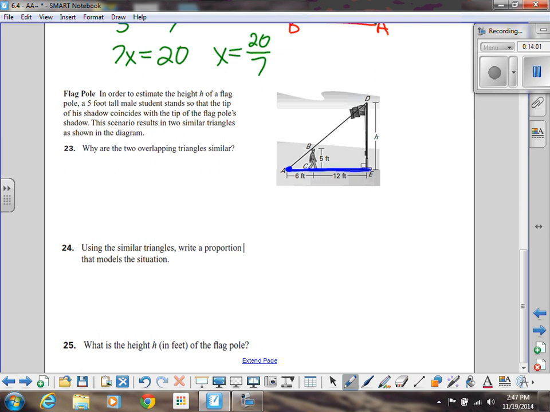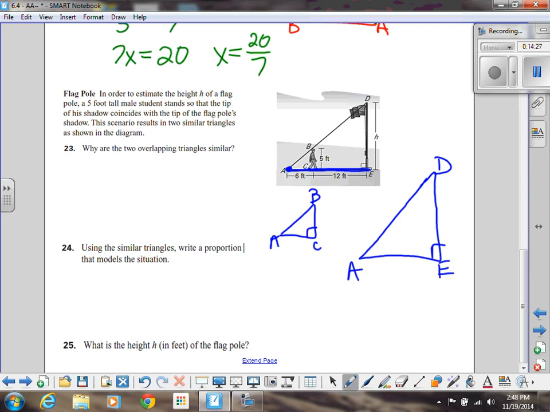So we have two similar triangles. So let's draw those out. We've got this little bitty one, and that's with CAB. And then we have the larger one for the flagpole, and that is DEA. So why would these be similar? Well, we've got the right angles because we're assuming that the flagpole and the guy are standing upright, perpendicular to the ground.